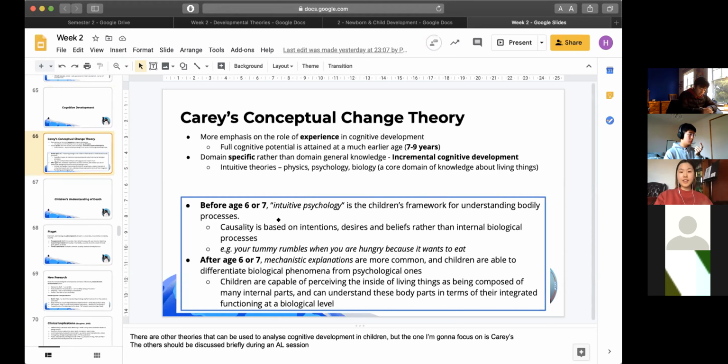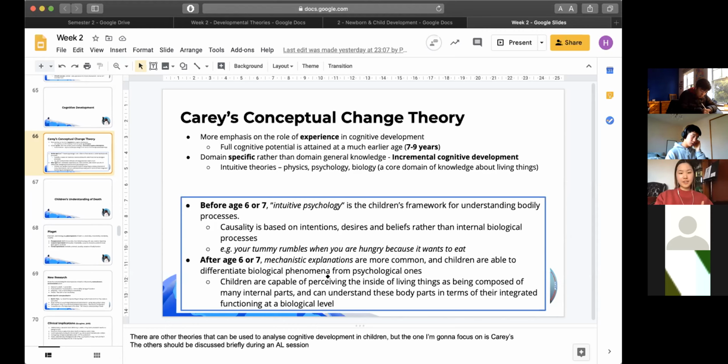Before age 6 to 7, you have intuitive psychology, which is the children's framework for understanding bodily processes. So we always refer to how children understand biological processes. Causality is based on intentions, desires, and beliefs rather than the actual internal biological processes. For example, your tummy rumbles when you are hungry because it wants to eat.